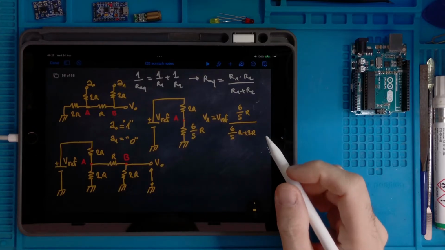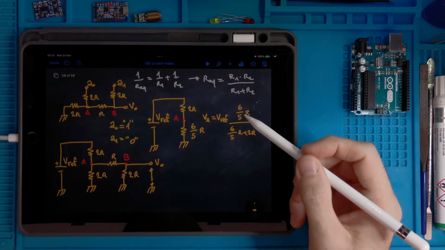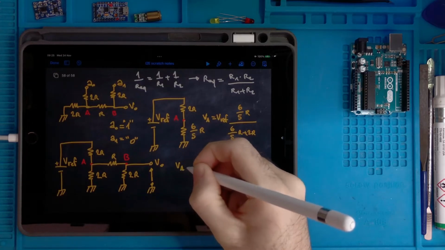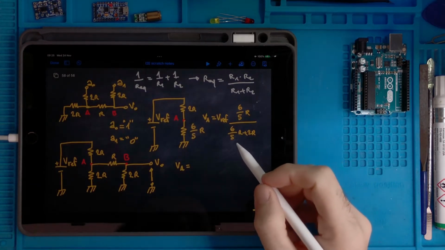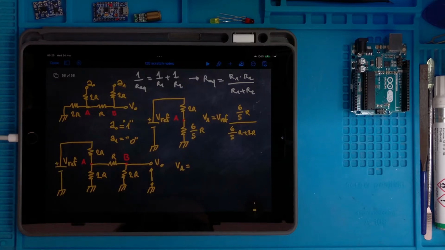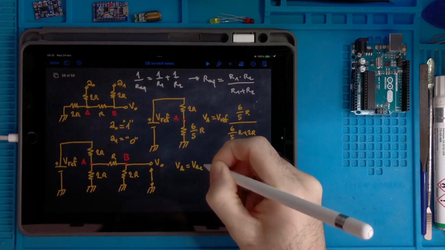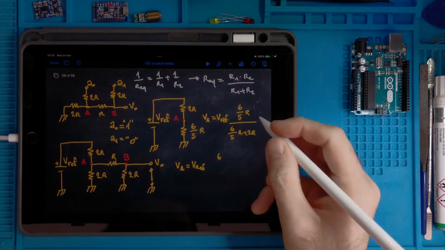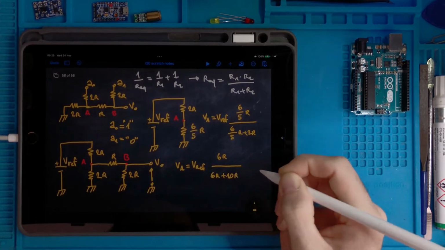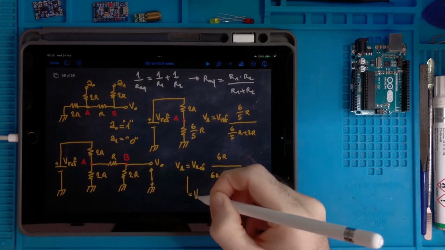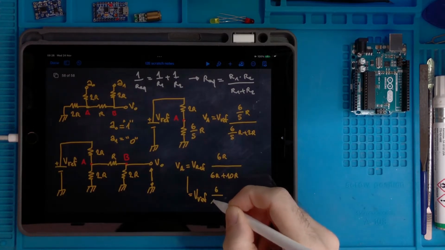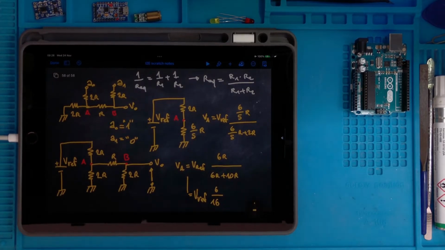Okay, so let's try to proceed with this. So VA equals... if I multiply by 5, it's V ref multiplied by 5 at the numerator and the denominator 6R plus 10R, and this makes V reference 6/16, and the R is cancelled.